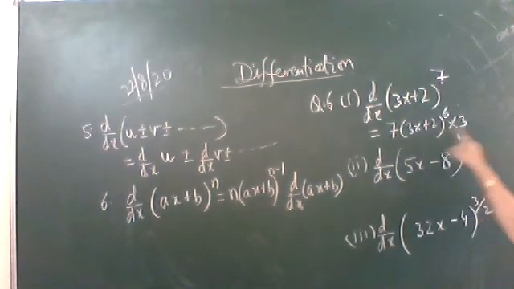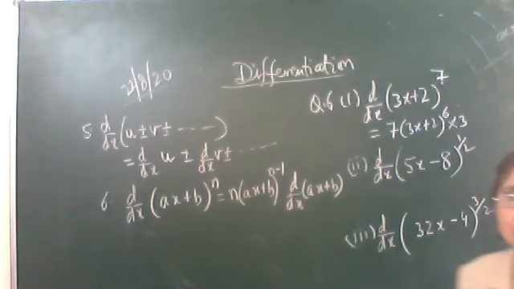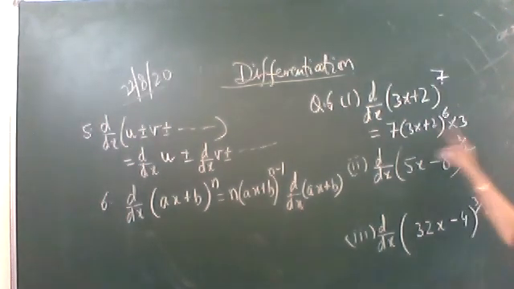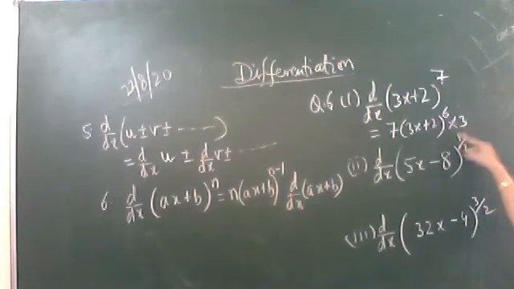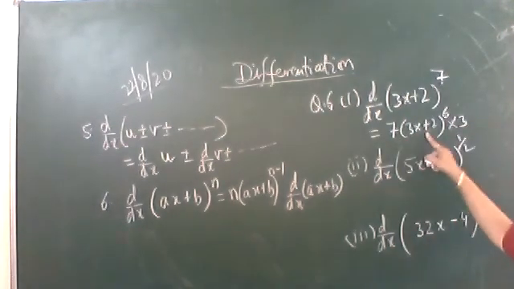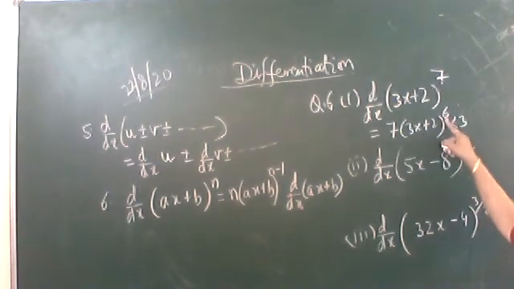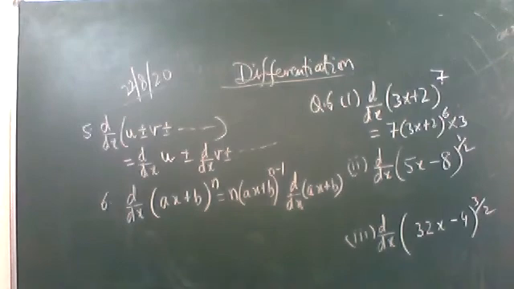So the answer is 21 (3x plus 2) raised to the power 6. 7 into 3, because d by dx of 3x plus 2 is 3. So 7 into this bracket term raised to the power 6 into 3, that is 21 (3x plus 2) raised to the power 6.